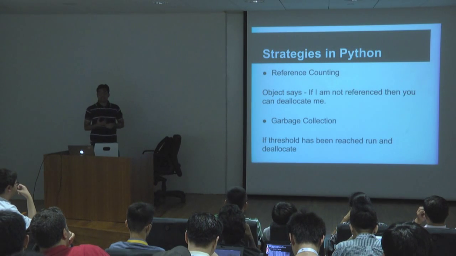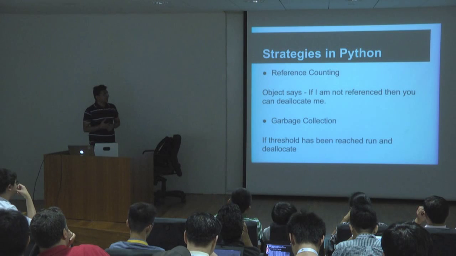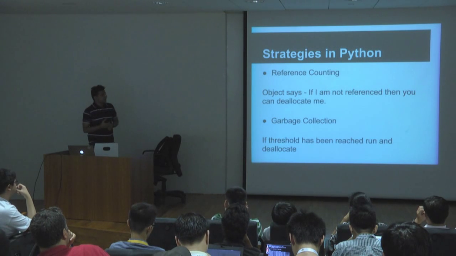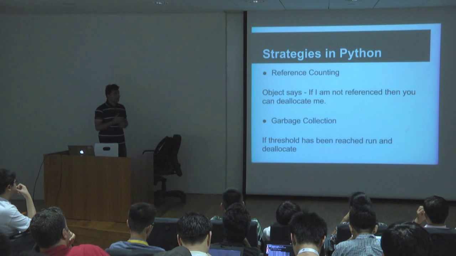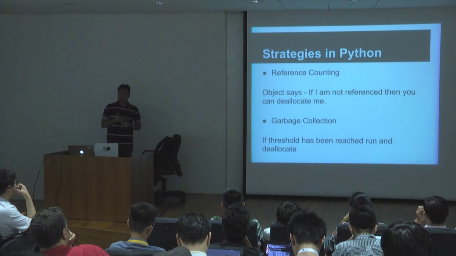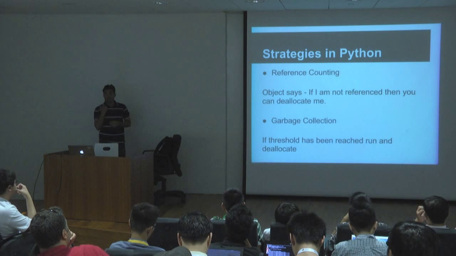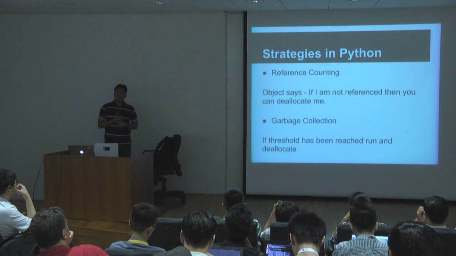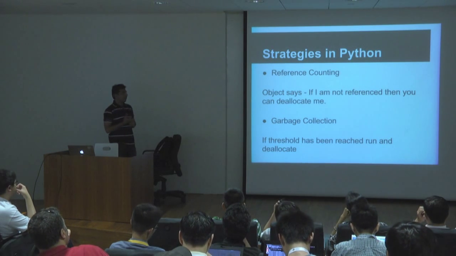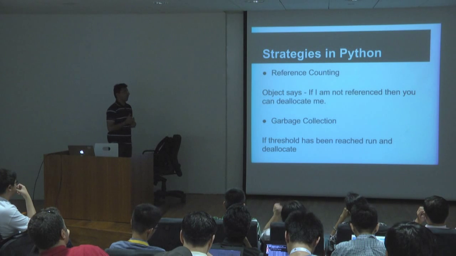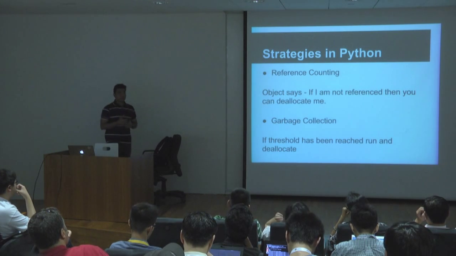It creates an object for that, and Python keeps a reference counter for each object. If that reference counter comes to 0, it deallocates the object and frees the memory.